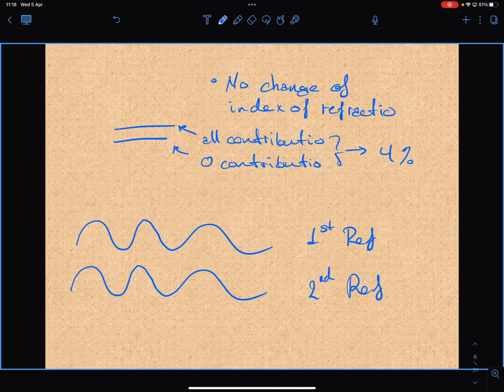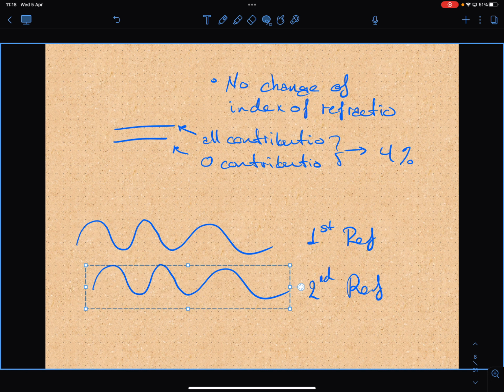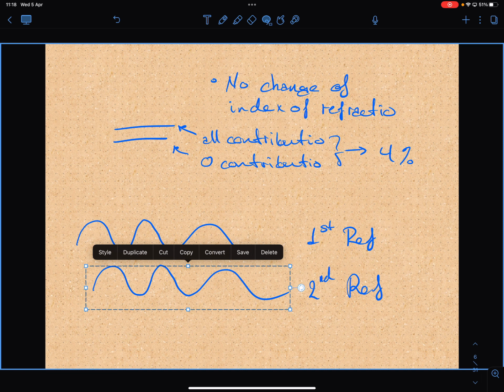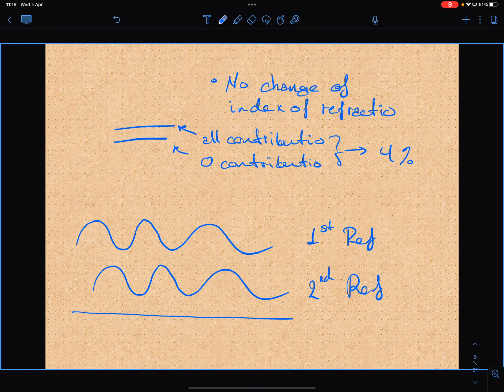And classically, what one would expect is that due to the thickness of the glass, there's going to be a phase shift on the light, on the wave. And then you will have some constructive or destructive interference.